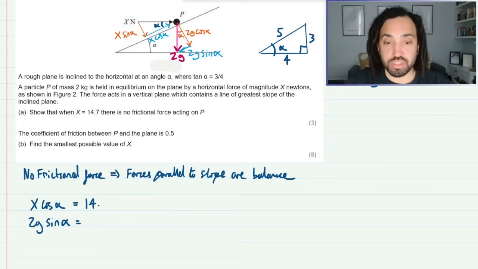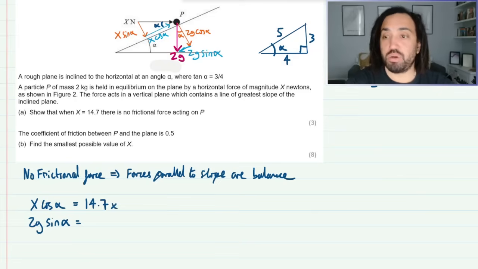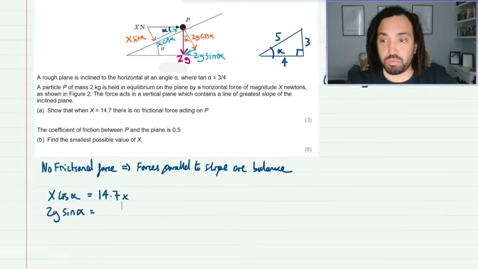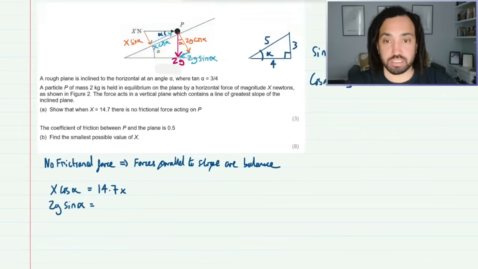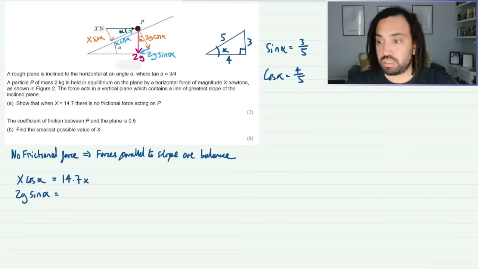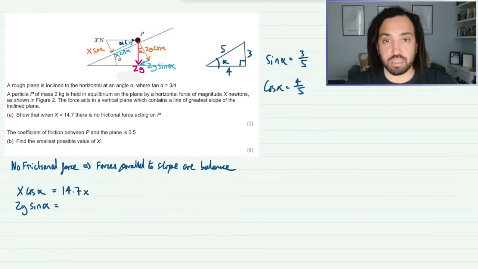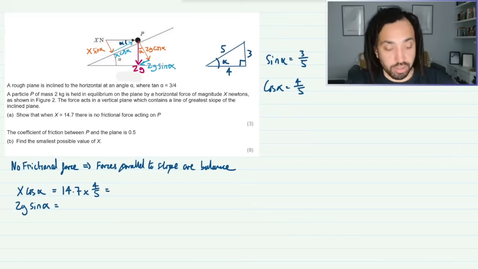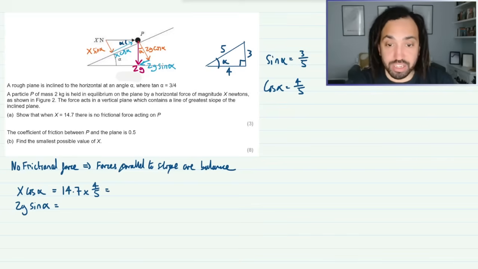So 14.7, we're told, is X multiplied by cos of alpha, which was, if we just go back to how we started, yeah, that would do. Okay, cos alpha was 4 over 5. So we can work out what that value is, and it's 11.76.